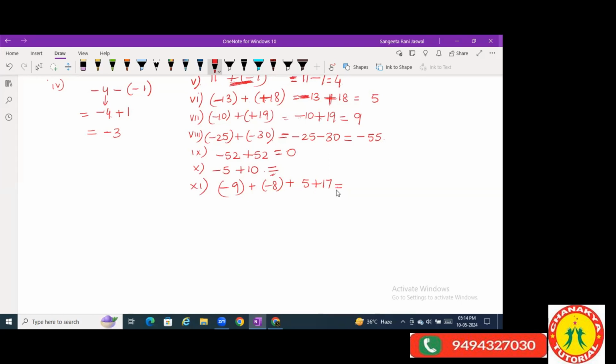No. See, when you have a negative and a positive sign, that means you do subtraction, subtracting the smaller number from the bigger number. So that means 10 minus 5. 10 minus 5 is 5. And the sign of the bigger number. Okay, you got it?